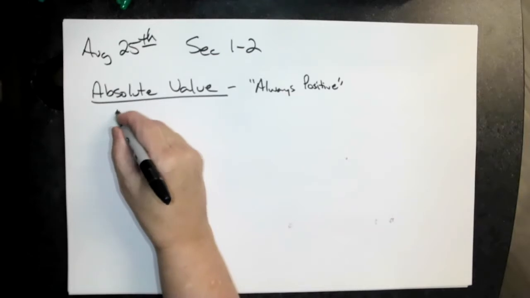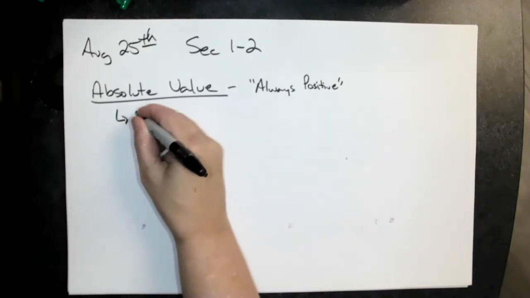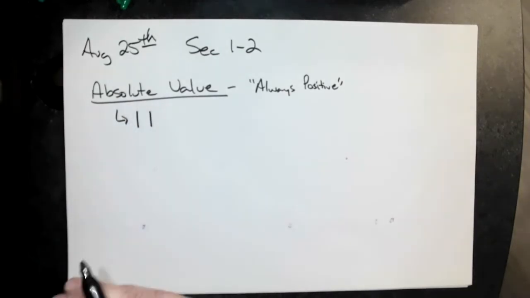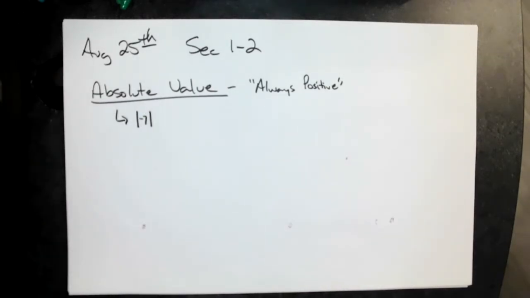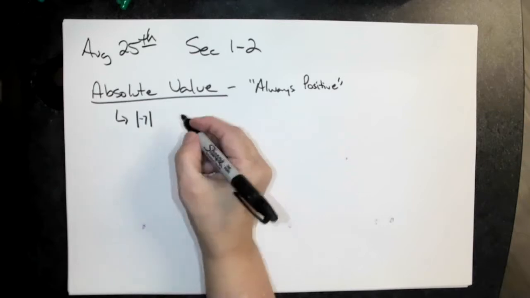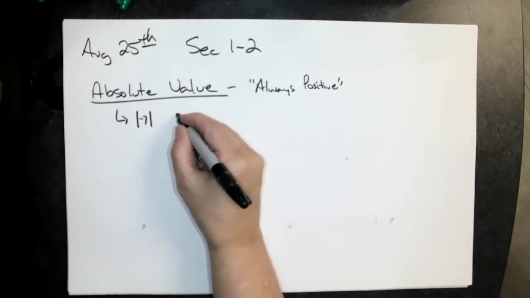All right. Now, absolute value bars, here's what they look like. Absolute value bars. So two up and down lines around a number. I'm just going to put something in there like that. Absolute value of -7. Now let's phrase this here.